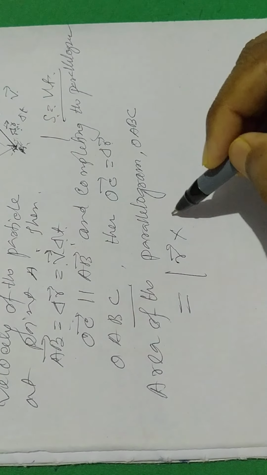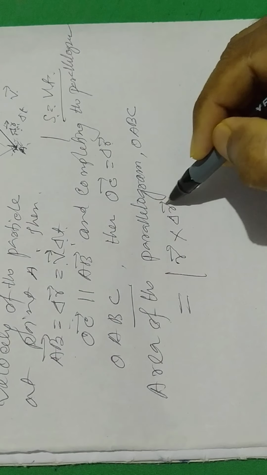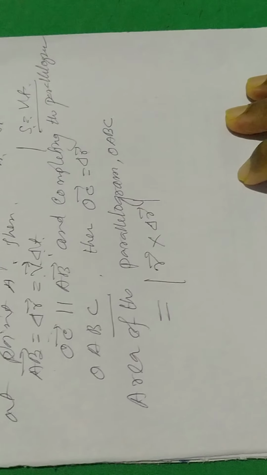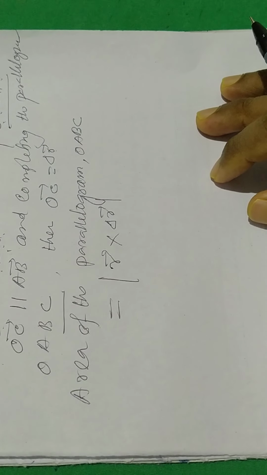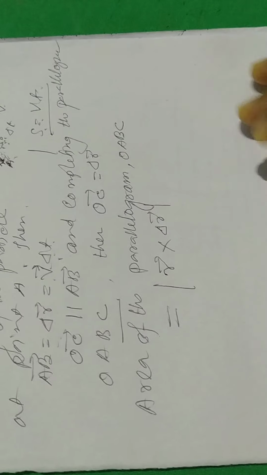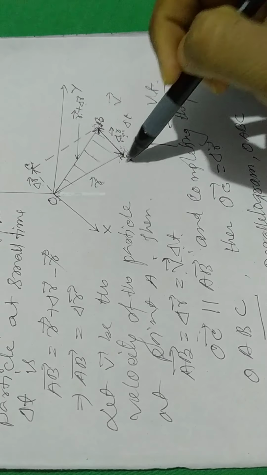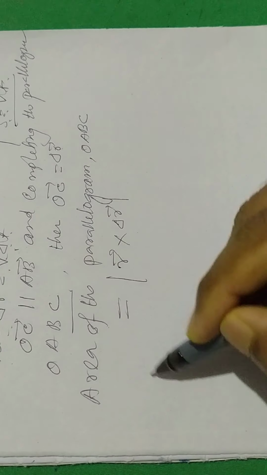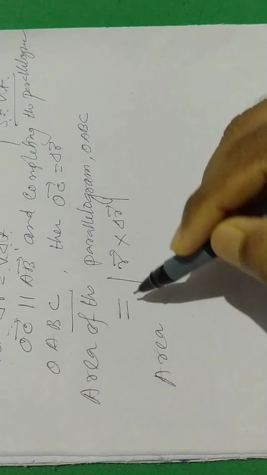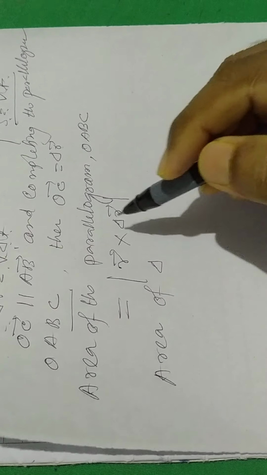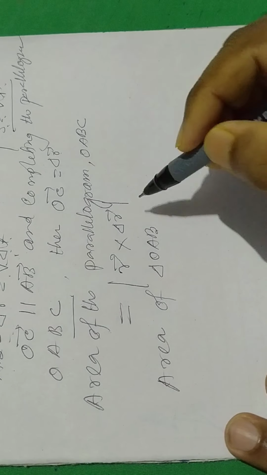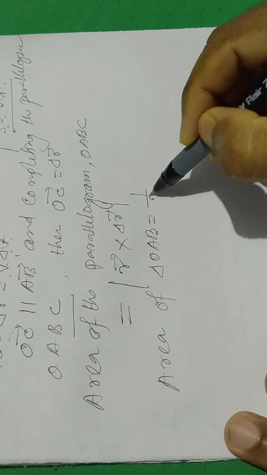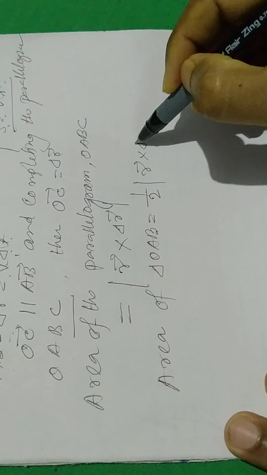So OA is R vector, AB is del R. This is the area of the parallelogram according to the properties of the cross product of two vectors. Now what is the area of the triangle OAB? Area of triangle OAB equal to half R cross del R.